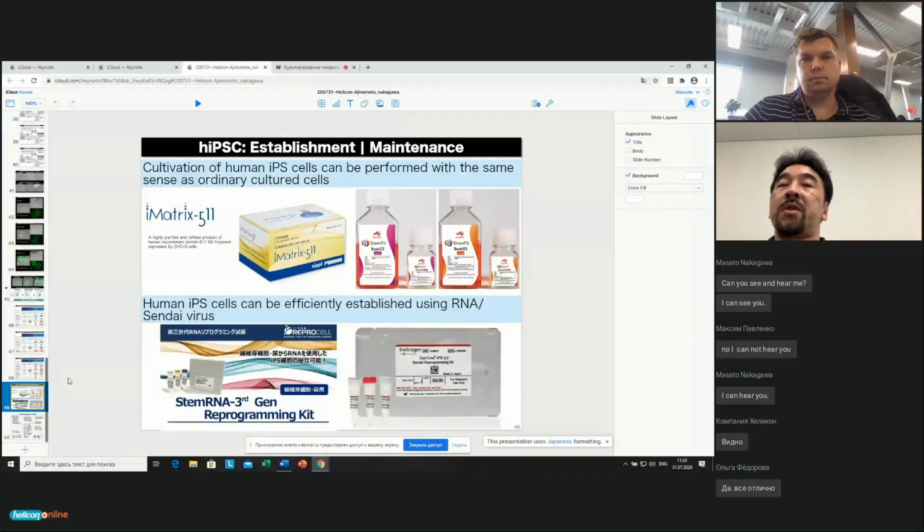Using the iMatrix 511 and the StemFit medium, you can perform the cultivation of human iPS cells very easily, like ordinary cultured cells. And you can also generate the iPS cells using synthetic RNA or Sendai virus in combination with the iMatrix and the StemFit. So please try these materials and this feeder-free culture system for human pluripotent stem cells.